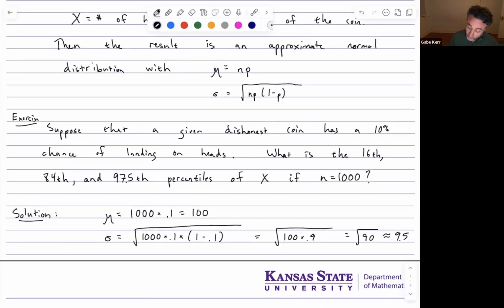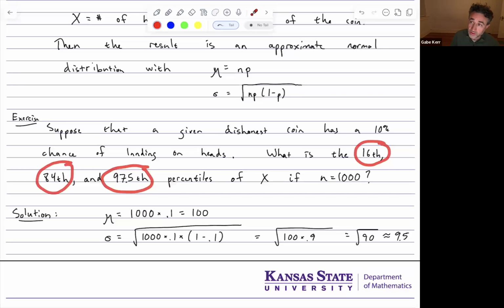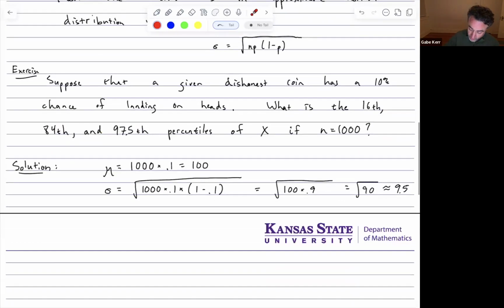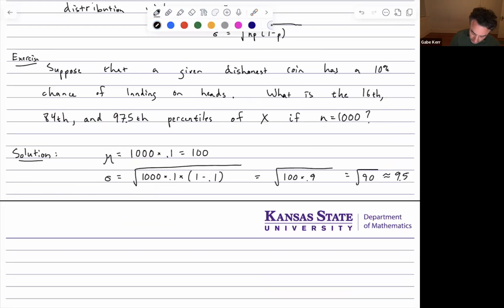So now if we want to calculate these percentiles, they are chosen so that they are integral multiples of the standard deviation away from the mean. So in a standard normal distribution, we can calculate these. P16 is equal to mu minus sigma, which is equal to 100 minus 9.5, which is equal to 90.5.